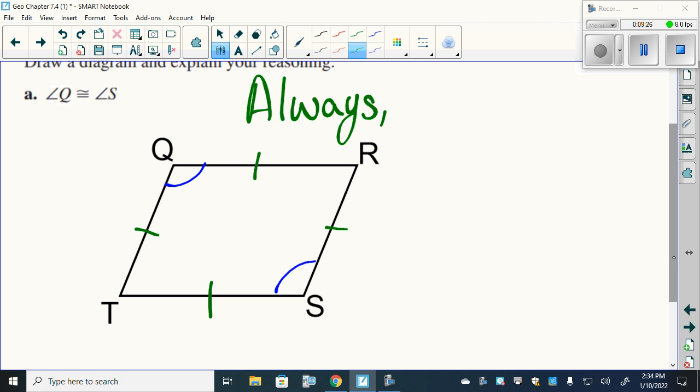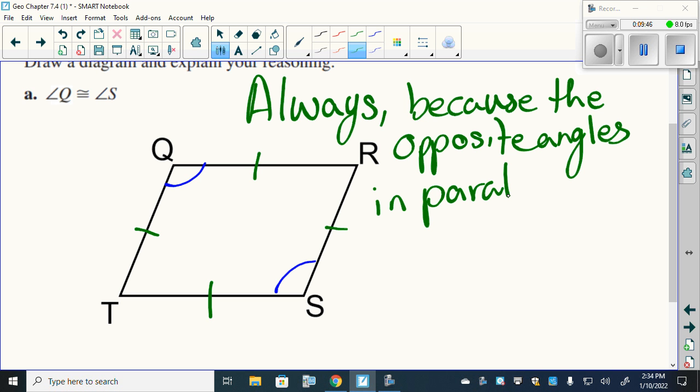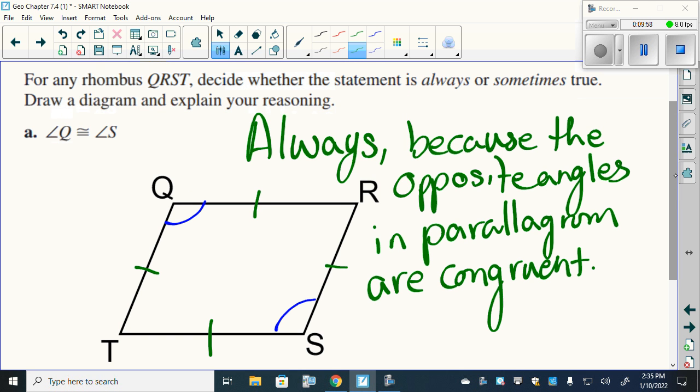So this is always true. That's a topic for another time.